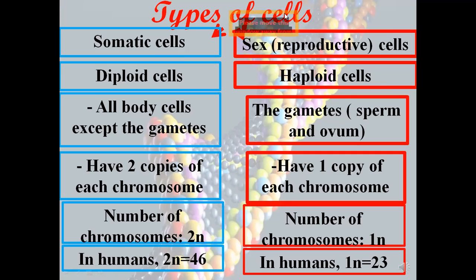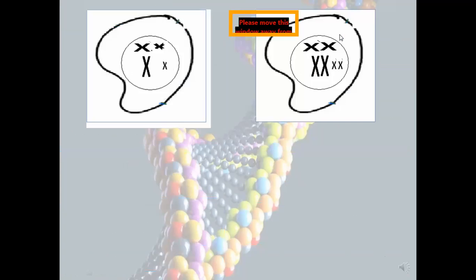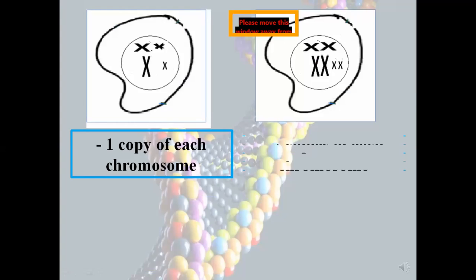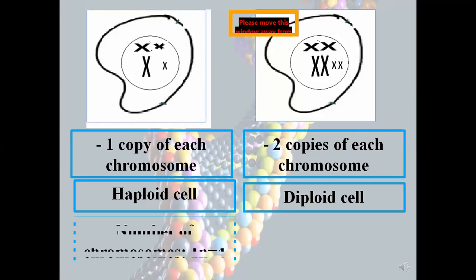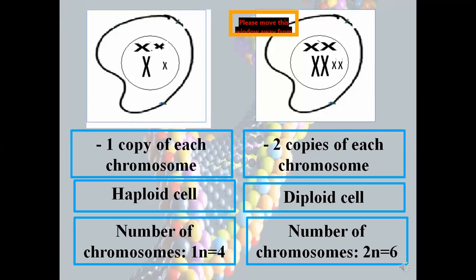Now let's talk about other properties of these cells. How can we know whether these cells are haploid or diploid? If you look at these cells, they have one copy of each chromosome, one copy of this, one copy of this.